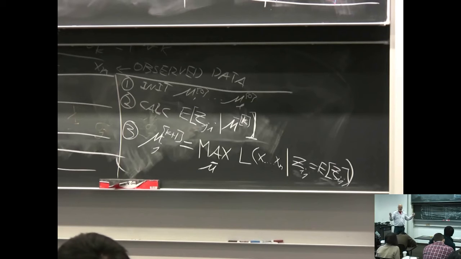Instead, I'm maximizing over the observables only, conditioned on the unobservable z's being at their expected values.